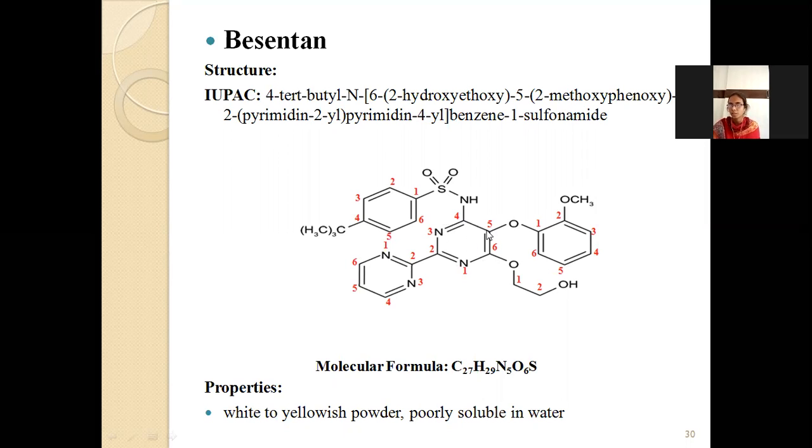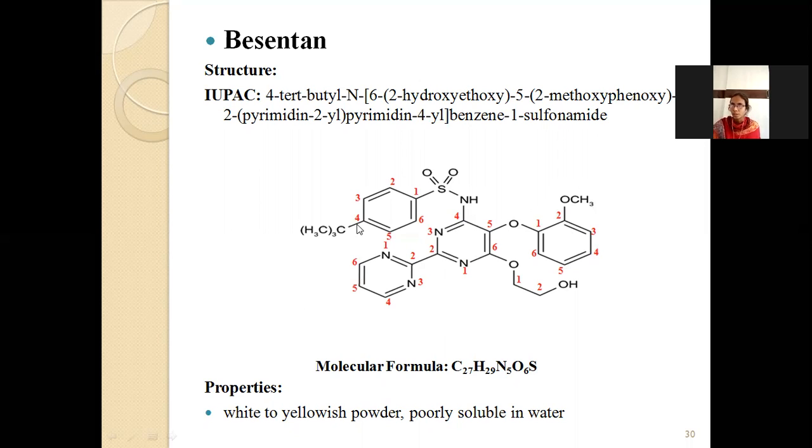In the sixth position of this pyrimidine the ethyl group is there. See here 1, 2. So 2 carbon atoms means ethyl. So here in the second position of the ethyl, hydroxy is there. So 2-hydroxy and this is ethoxy. Here in the second position the pyrimidine structure is there, and here in the first position is 2-methoxyphenoxy. See here in the second position the methoxy is there and this is the phenoxy structure.